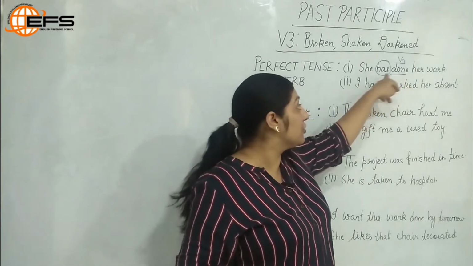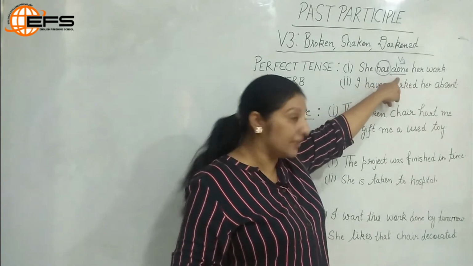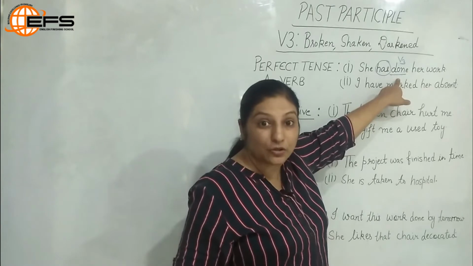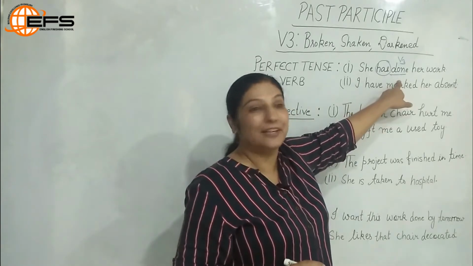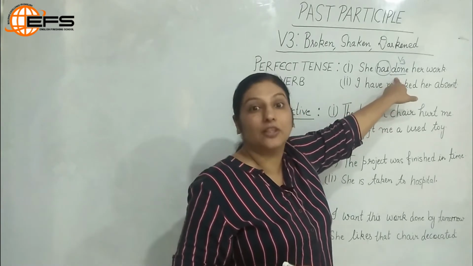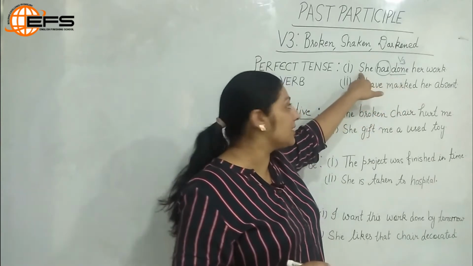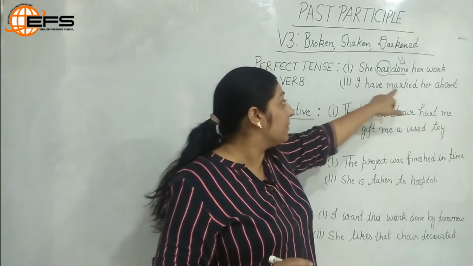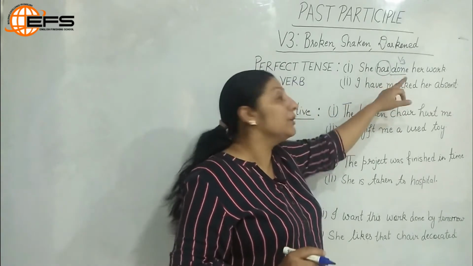because if I change it into past, she had done, done will remain done, it will remain unchanged. That is the concept of a non-finite verb. It will not change with the change in tense, or with the change in subject either. If I change to I have marked or I have done, it will not change.